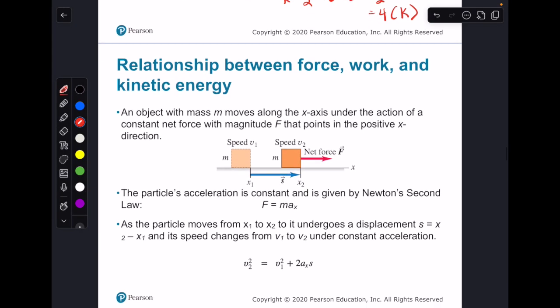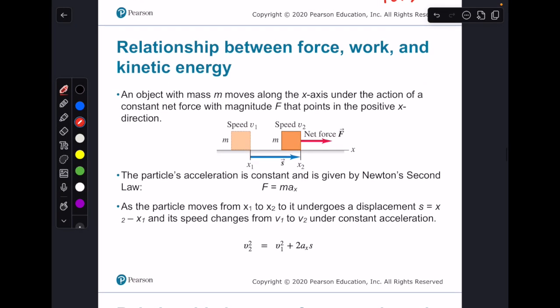Now let's get to the nitty-gritty. How are force, work, and kinetic energy related? We kind of hit the tip of it a little bit. We know that force is mass times acceleration due to Newton's second law. And we can express the acceleration in terms of the velocity, if we're dealing with constant acceleration, which we are.